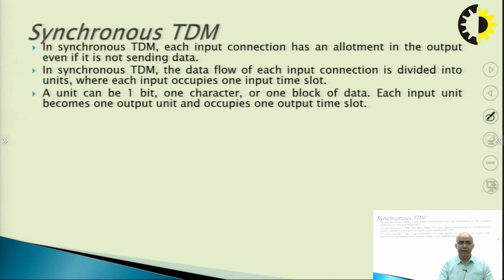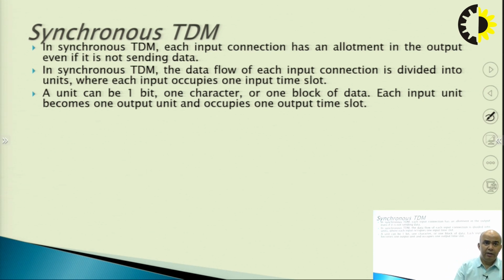So one unit can be one bit, one character, or one block of data, and each input unit becomes one output unit and occupies one output time slot. Understood? So here, the time slots are being used for transmitting the data, but there is a wastage of time and bandwidth in synchronous time division multiplexing.